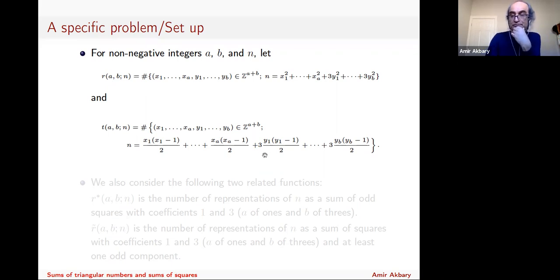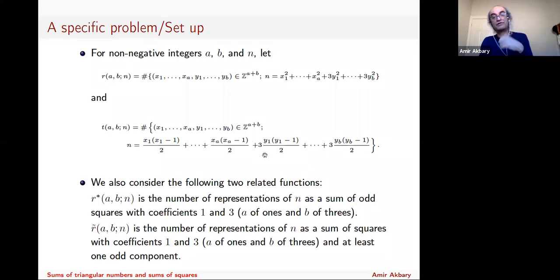But here I'm going to introduce two more auxiliary related functions. One is this function R star_{a,b}(n), which you can probably guess. It is the number of representations of n as a sum of odd squares. So all the components are odd, and the coefficients can be 1 and 3, 1 a times and 3 b times.